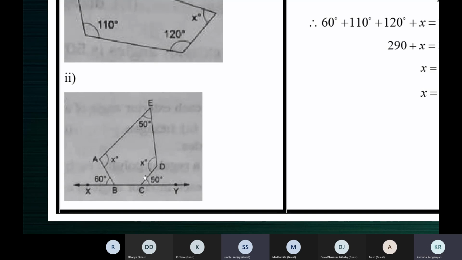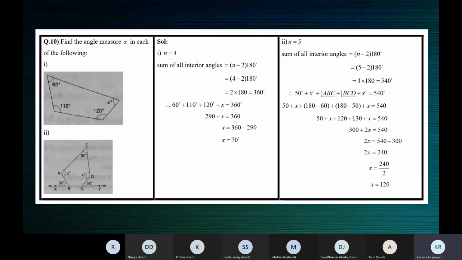And what is the measure of DCB? 130 degrees, ma'am. So 50 plus X plus 120 plus 130 plus X is equal to 540. Solving that, you will find the value of X.